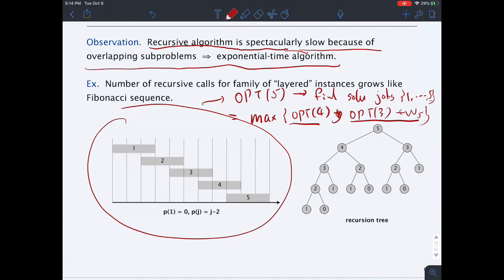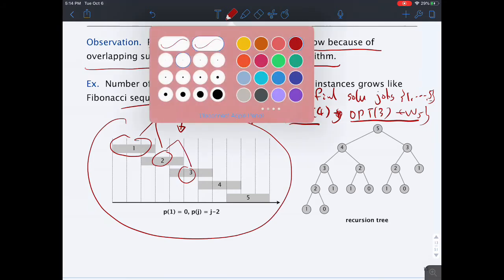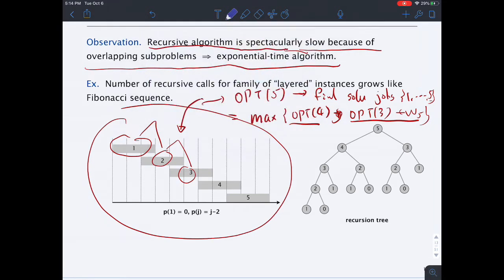If I look at the specific structure over here, it's arranged in a very specific way. Any two consecutive jobs overlap, but if I look only at jobs that are not consecutive, the first and third jobs, they are compatible.